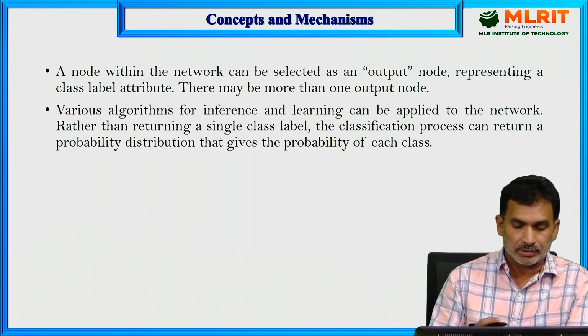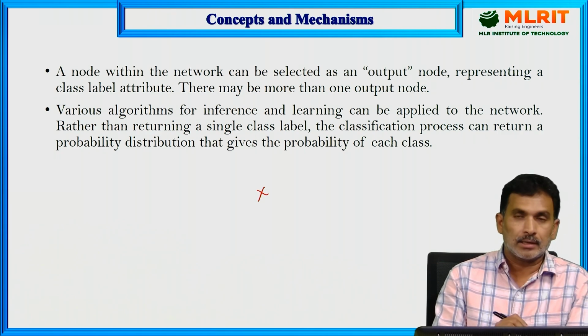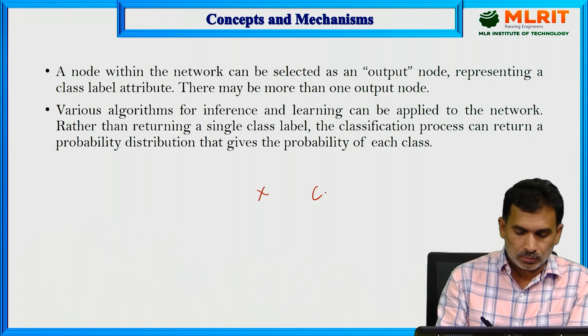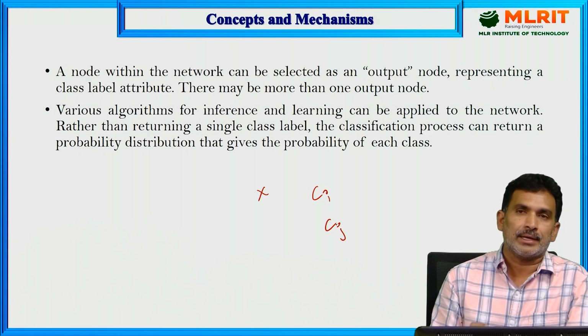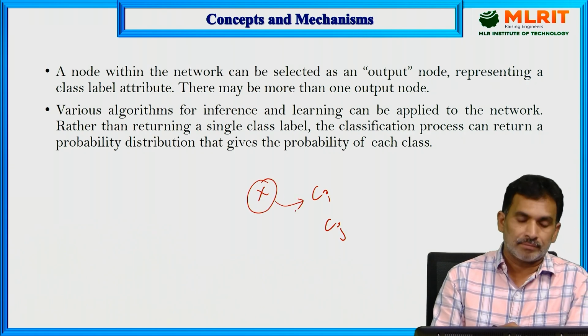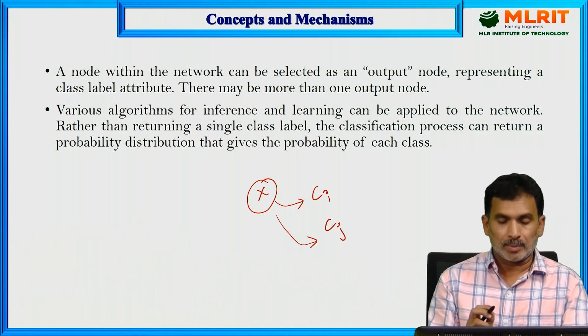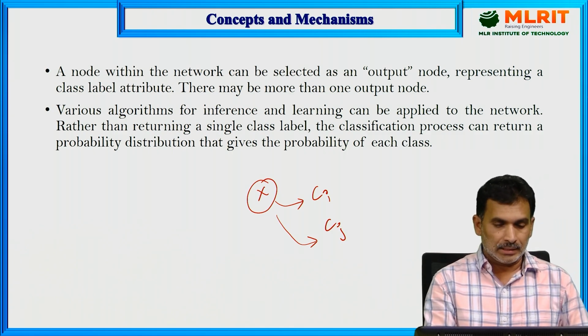Suppose if you take any tuple, and there are two classes, Ci and Cj, then it would also return the probability that this tuple belongs to class Ci, and the probability that this tuple belongs to another class Cj.